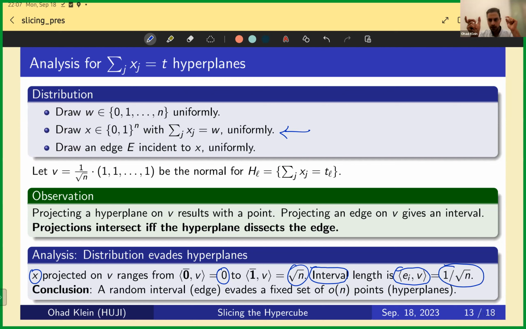Now we have intervals of length about 1 over square root of n, located anywhere in a range of size about square root of n. So how many points do we need in order to capture this random interval that has such a wide range of options?